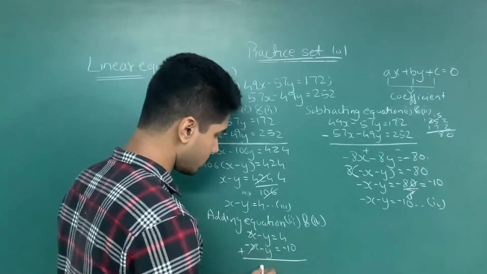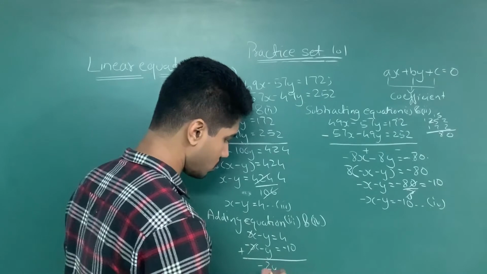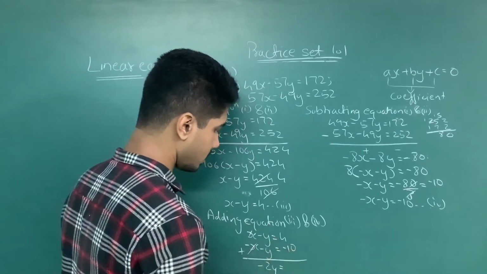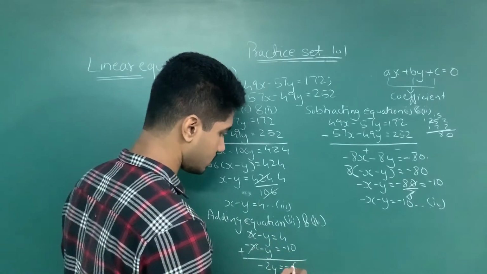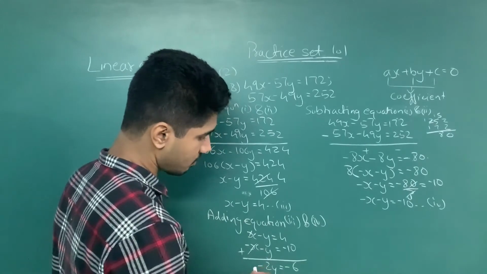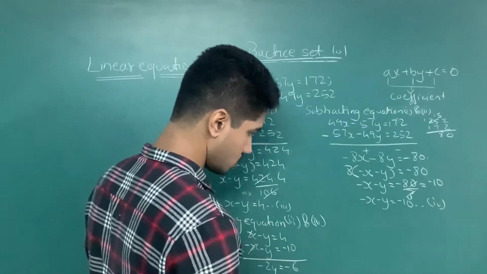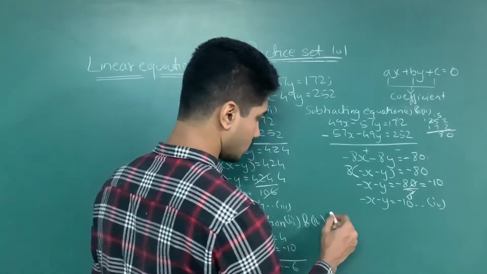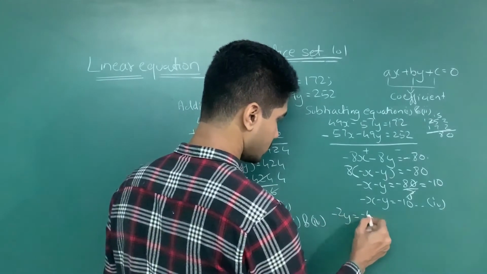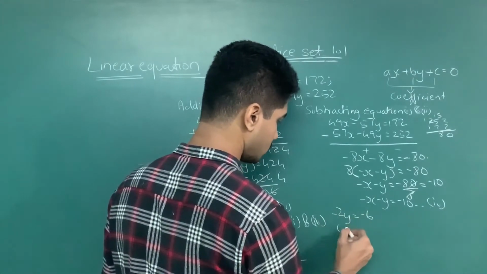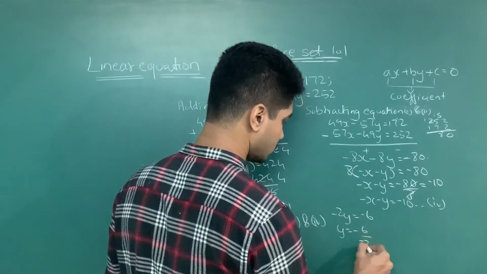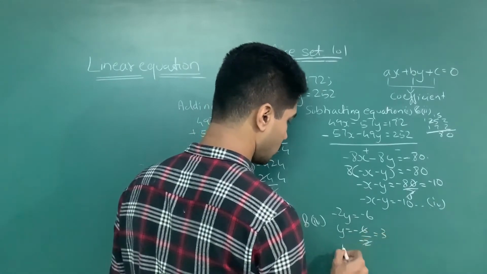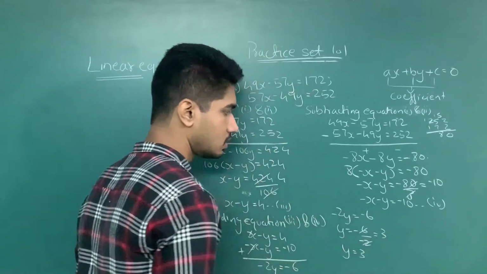Minus y and minus y will give me minus 2y. 4 minus 10 will give me minus 6. So minus 2 यहाँ पे multiply है, वापस shift करूँगा तो जगह नहीं होगी. So minus 2y is equal to minus 6. तो अगर मैंने shift किया, so y is equal to minus 6 upon minus 2, which will give me 3. So y value is 3.